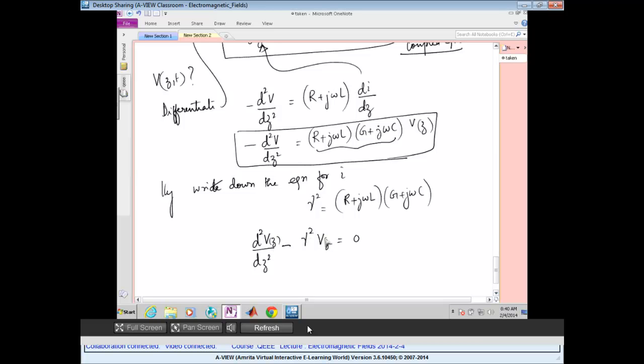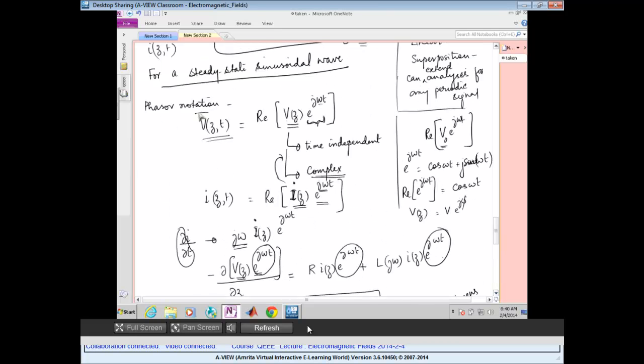Only functions of position. The contention is, if I solve this differential equation for V(z), I will know what is the value of V(z). Once I know the value of V(z), I will go back and substitute it back in this phasor, and I find out what is the voltage as a function of position and time.